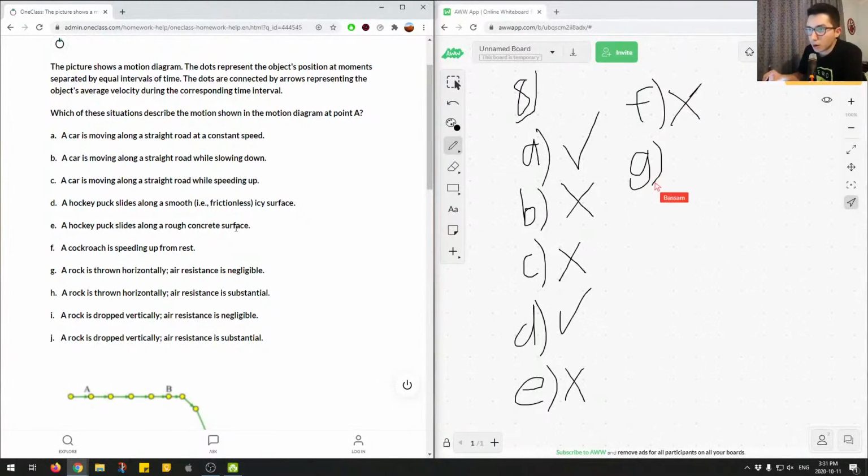Right. A rock is thrown horizontally. Air resistance is negligible. So let's think about this. If a rock is thrown horizontally, what would be happening? It would give you some projectile motion. Essentially, let's say you had some rock and you just threw it straight out in this direction.